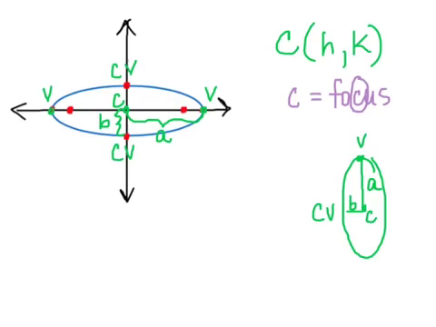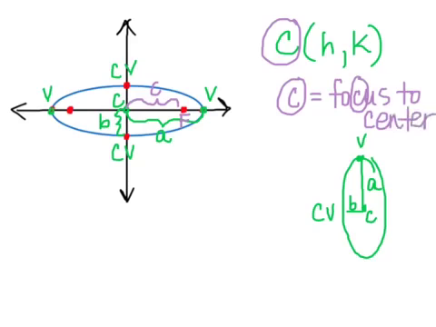And so the distance from the center out to the focus, which is here, will always be the distance little c. I say little c as opposed to big C, which is the center point. Little c is just an amount, and it's the distance between the focus and the center.